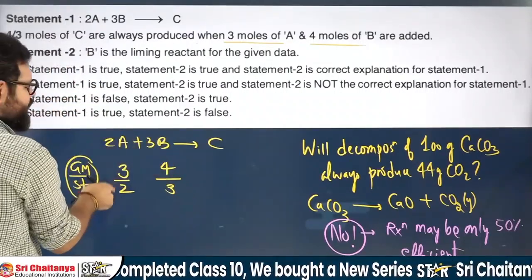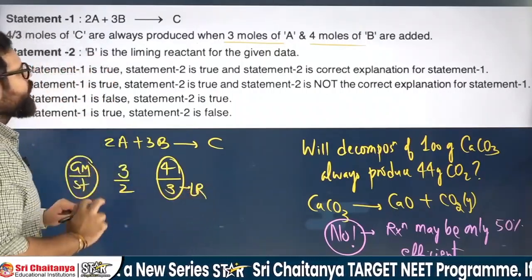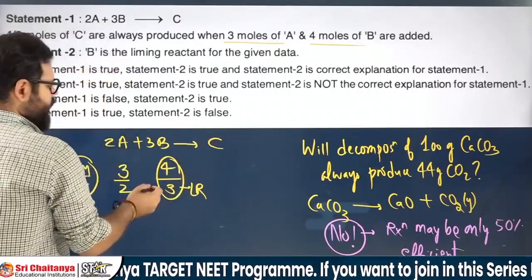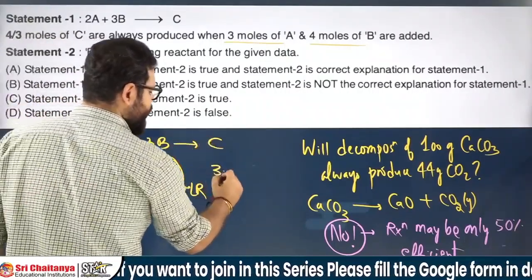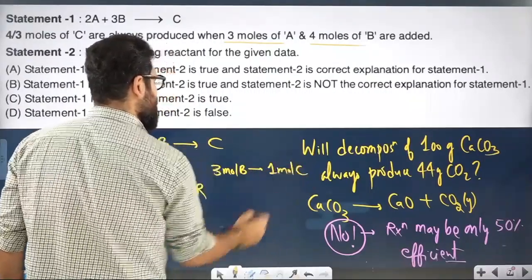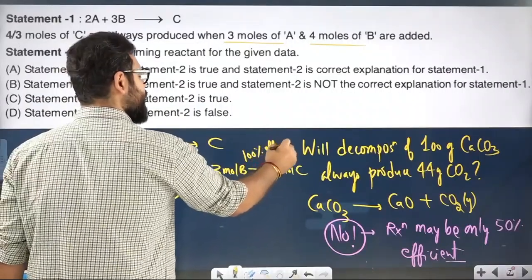Which is the small number? 1.5, 1.33, so B is the limiting reagent. Now we'll see how much C will be produced. 3 mole B gives 1 mole C only if the reaction is 100% efficient.